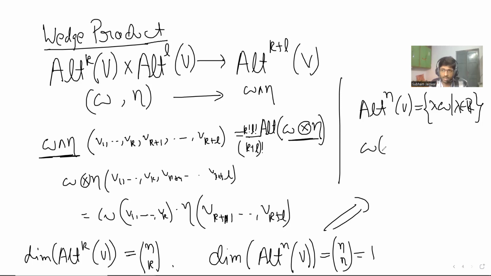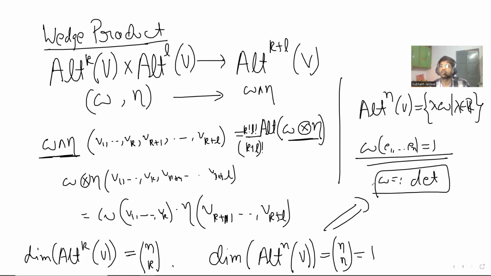So now you have to fix a basis, maybe the standard basis 1 0 0 0 0. You take that omega which returns 1 on it, and this omega is defined to be the determinant. There will be such an omega because you can take any omega and scale it, and that omega is the determinant.